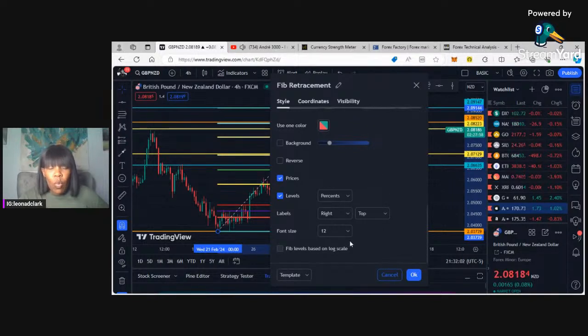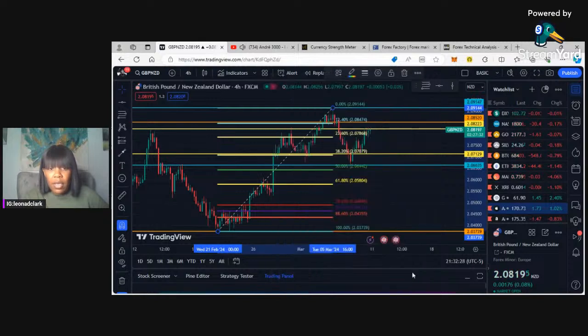Okay. Once you have everything set up like this, you're going to go down here to where it says template, hit that drop down, and then hit save as and label it whatever you want to save it as. I named it after the person who taught me how to use the field and gave me these settings. So mine is named after him. Once you save it, you save as and you label it, then you're going to go and hit OK.